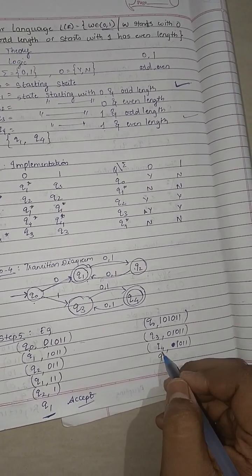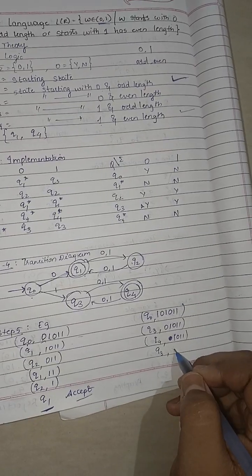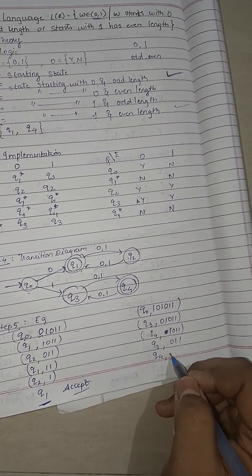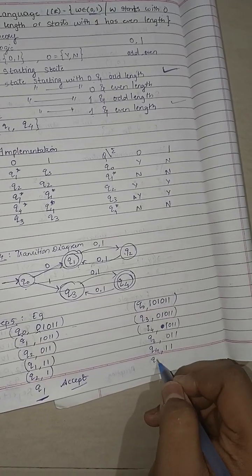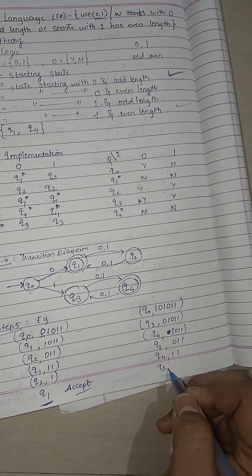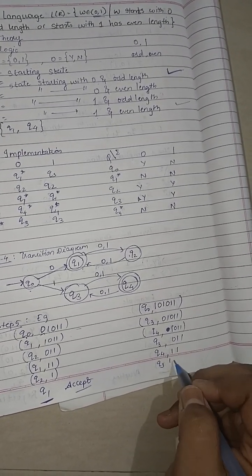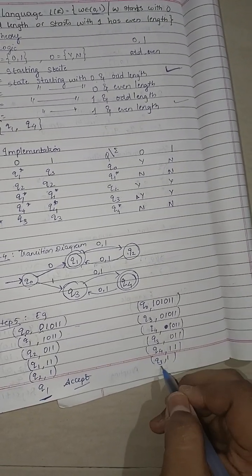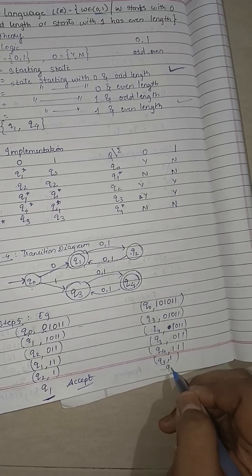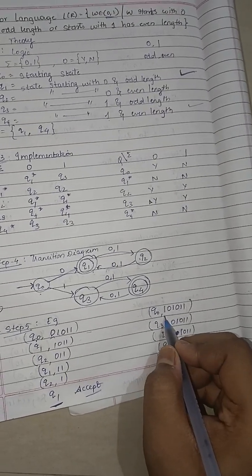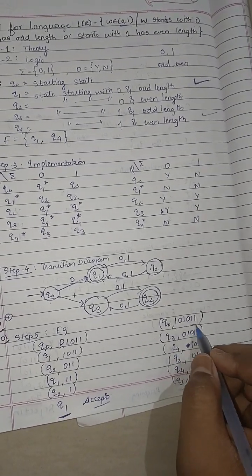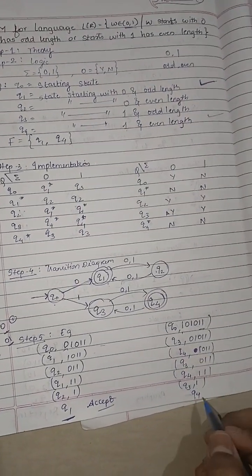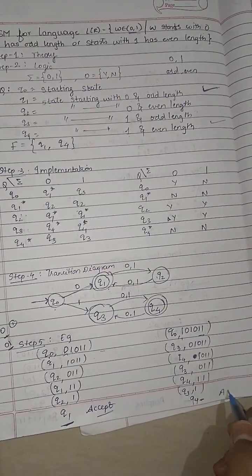Q4 is getting 1, going to Q3. Then 0 1 1. Q3 is again getting 0, it goes to Q4. Again it goes to Q3 on 1. Q3 is getting 1, it goes to Q4. Now see, starting with 1 and having an even length, that's why it is accepting. Since Q4 is our final state, we have to accept.